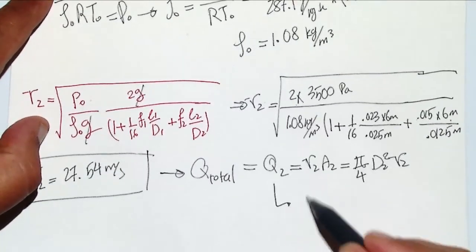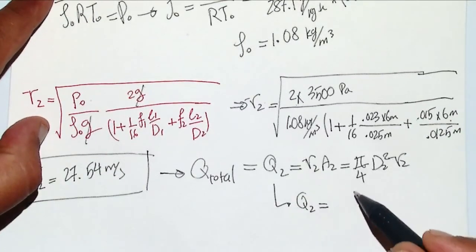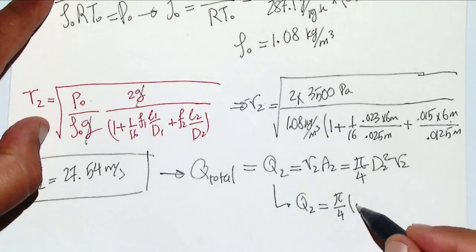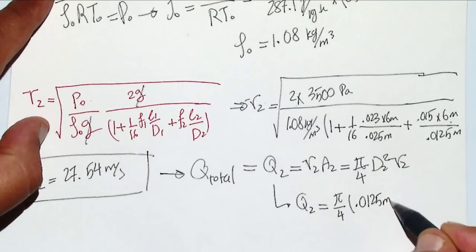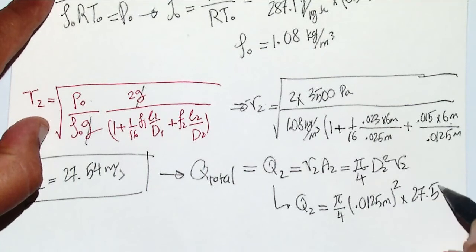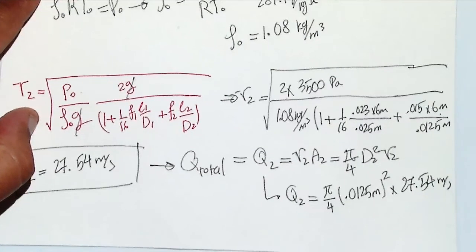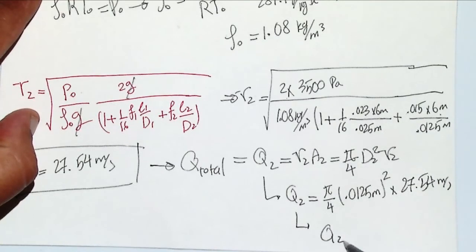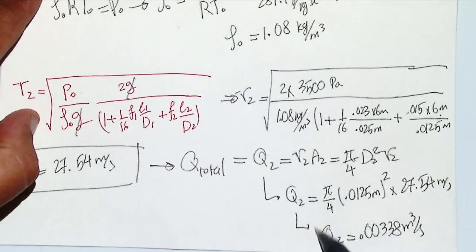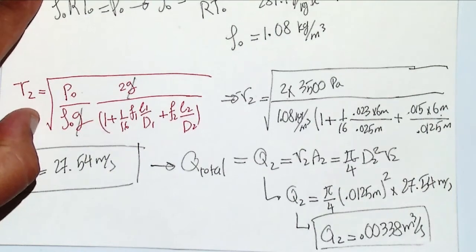So then Q2 is going to be equal to pi over 4 times 0.0125 meter, the diameter of the second pipe, squared, times the velocity that you found, 27.54 meter per second. Then Q2 is going to be equal to 0.00368 meter cube per second. That's your final answer for Q.